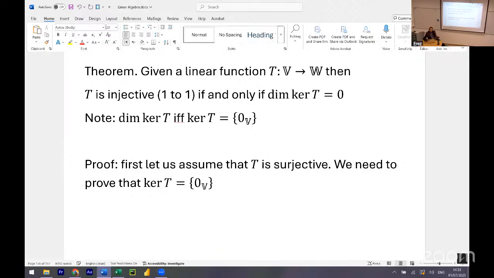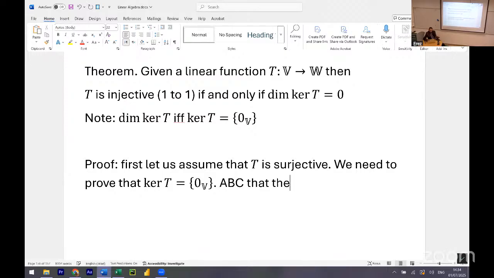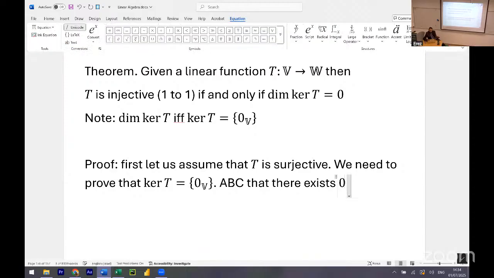So assume by contradiction that there exists some vector v which is not 0 within the kernel.